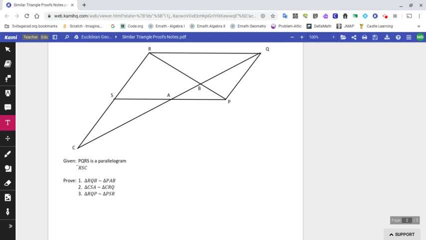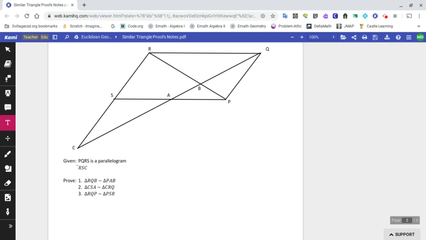Now each of these proof statements, I've got three of them, are pairs of triangles within this diagram. Just like some of the other diagrams we saw, there's multiple triangles here, multiple pairs, and part of this lesson is going to be how to spot which triangles you need to be focused on. This first example is going to be the easiest of those three proof statements, where you're just trying to prove the triangles similar.